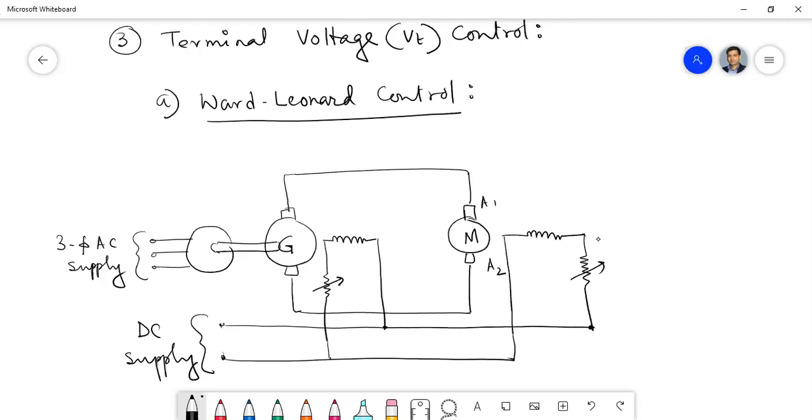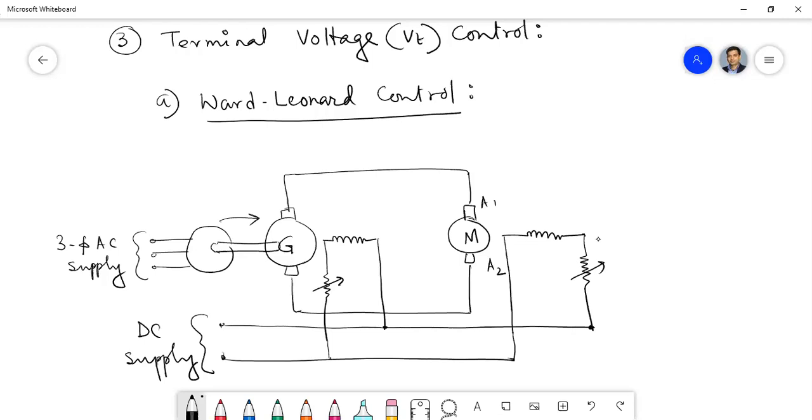Clear? So this is the arrangement. This is the three-phase induction motor. This is the generator. So that means here we are transferring the mechanical energy to the generator, and the motor is electrically connected with the generator, the DC generator.